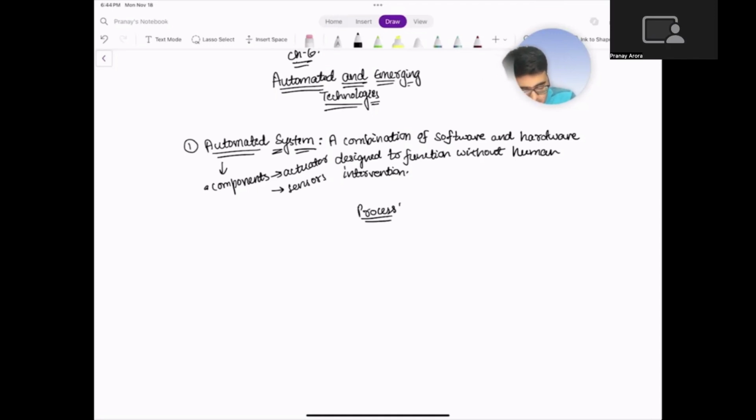Okay. Firstly, the sensor senses a value, right? The sensor of the system will sense a value. This value will be physical or analog.